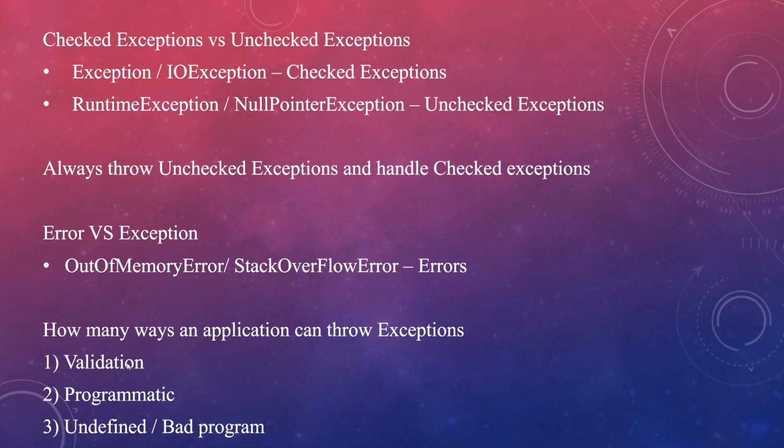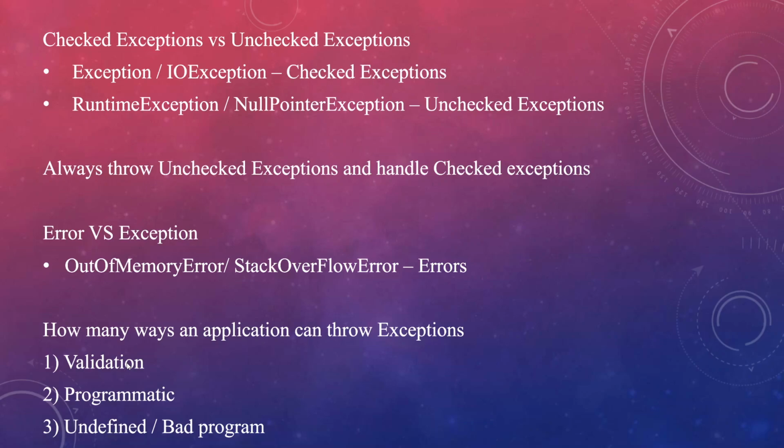Next we have programmatic. Here the application is written such that when a certain criteria or condition is met, the application throws an exception. Here the exception is manually thrown in the program. So for example, assume that the client is trying to search for a record in the database which does not exist.